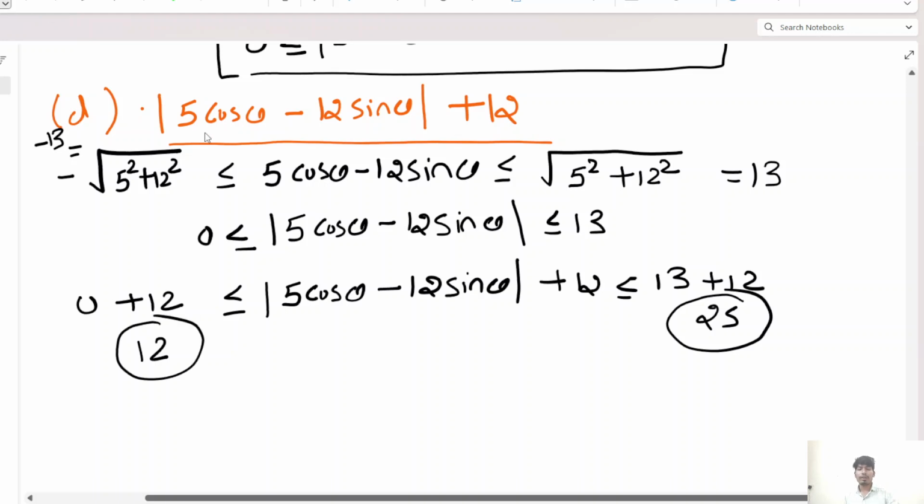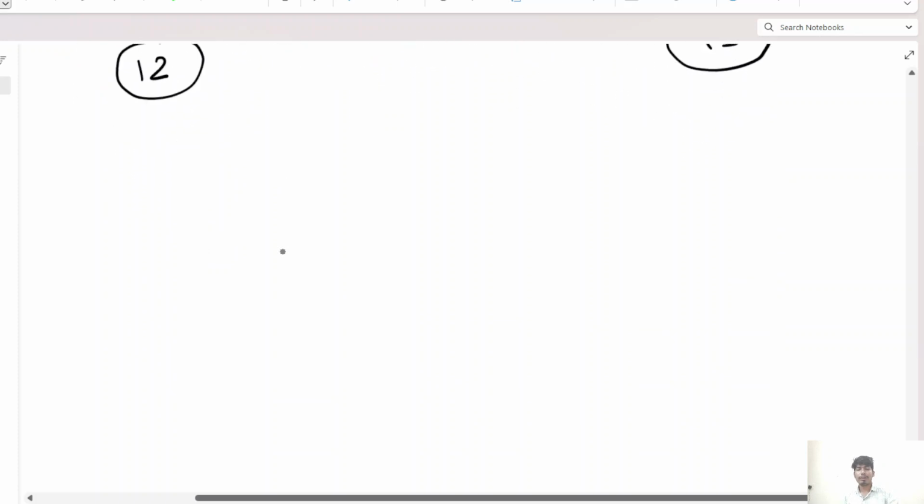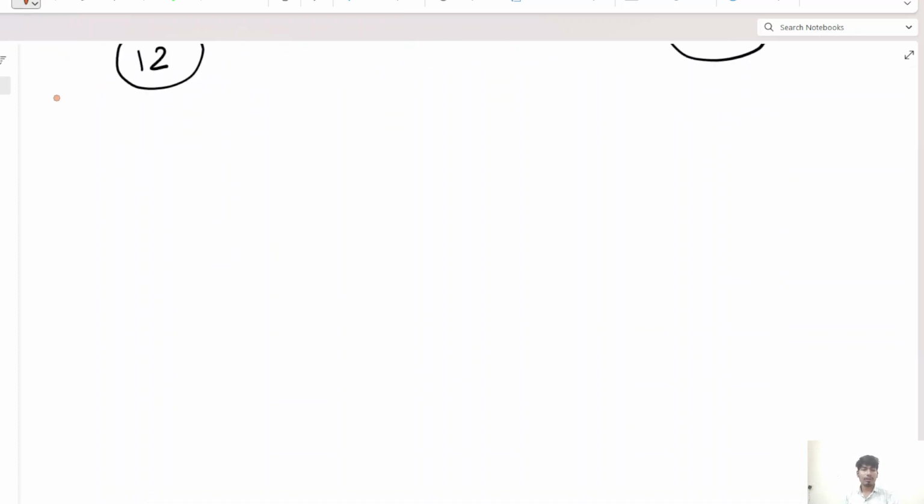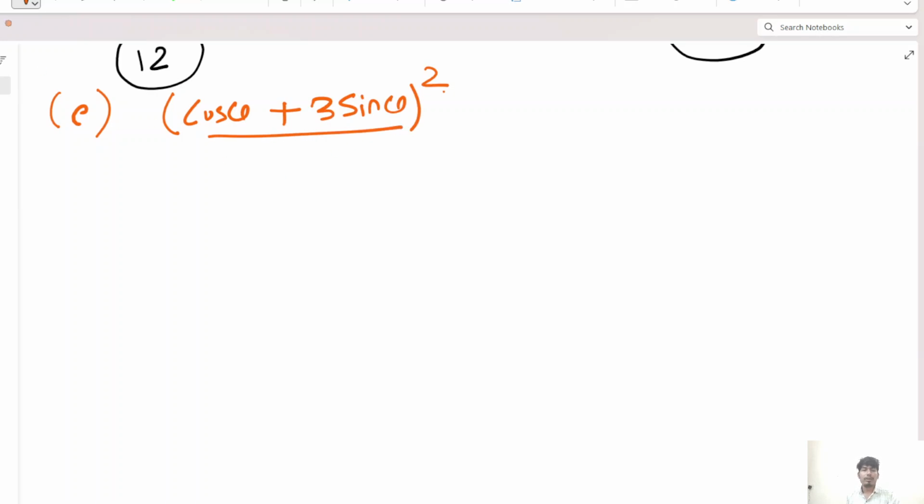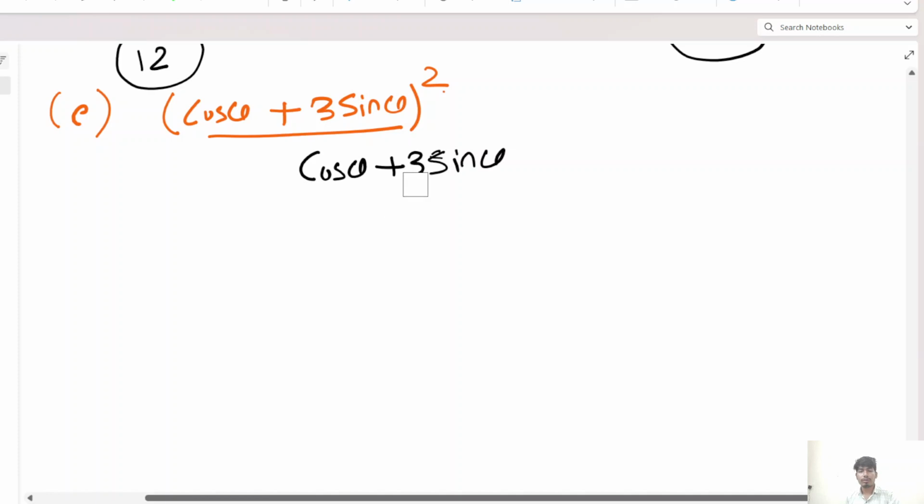Okay, then our next part, what is our e part? The e part is cos theta plus 3 sin theta whole square. Then we know cos theta plus 3 sin theta is less than or equal to under the root of a square plus b square.